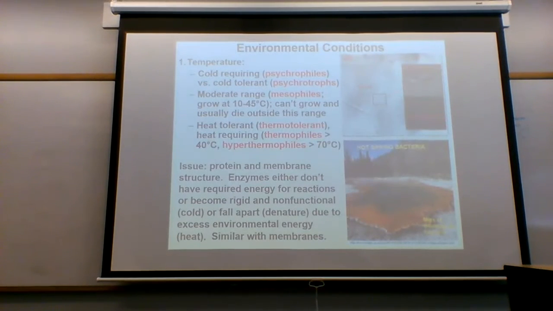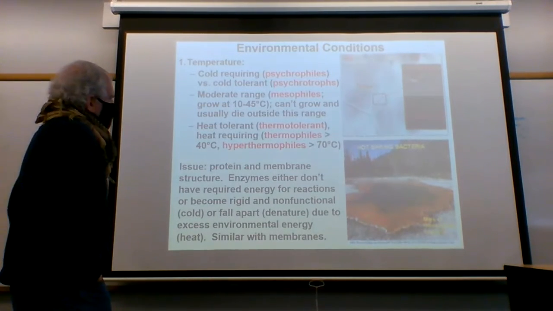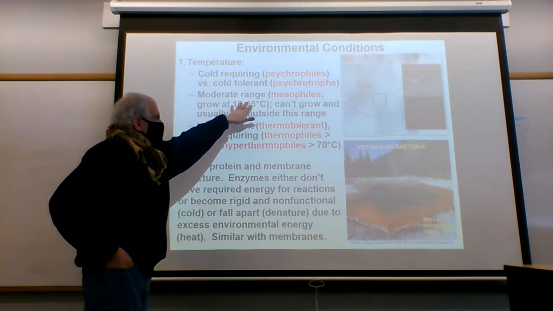And we got a couple more definitions here, in that we have the trophs versus the phils. So a psychrophile is cold requiring, whereas a psychrotroph is a guy that can grow in the cold but would prefer not to. The moderate range, mesophiles, they are probably limited to this temperature range.